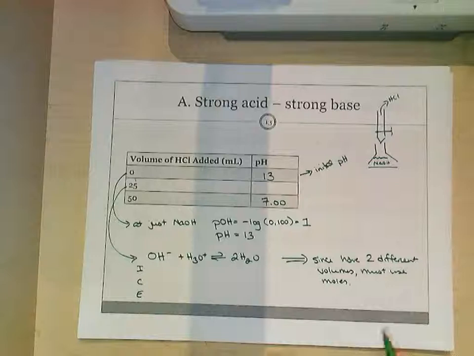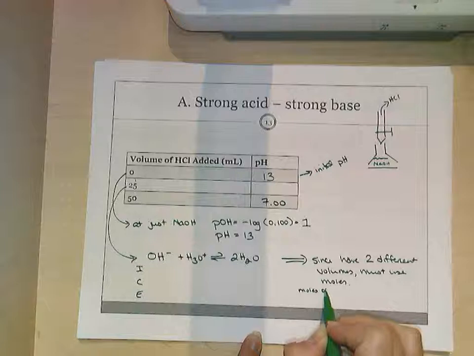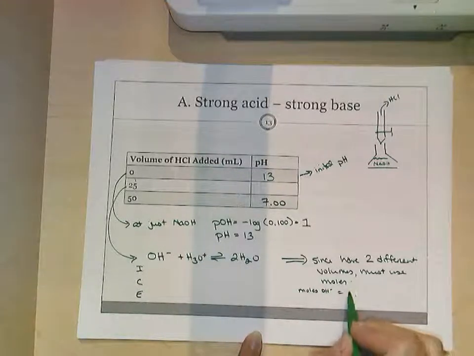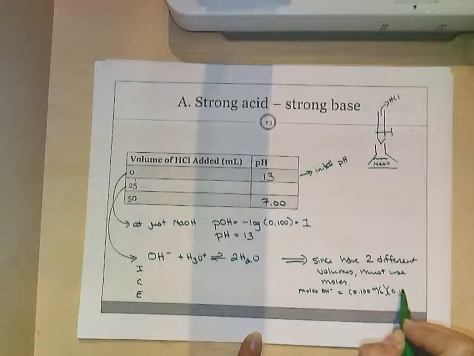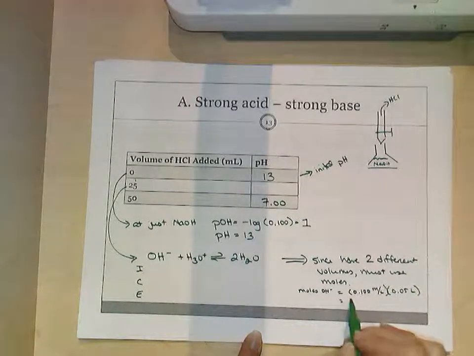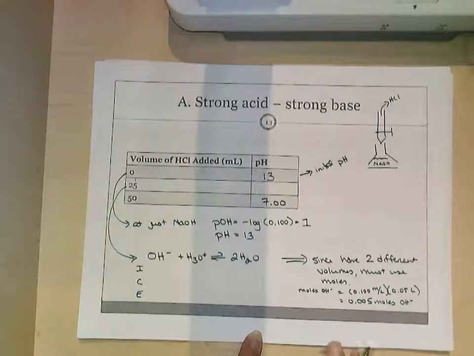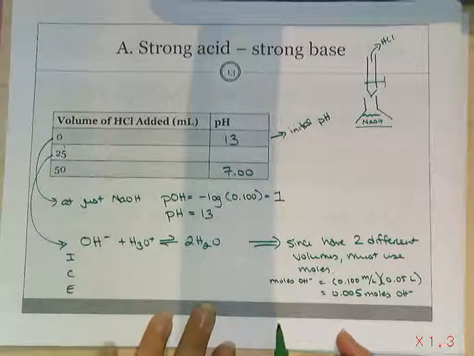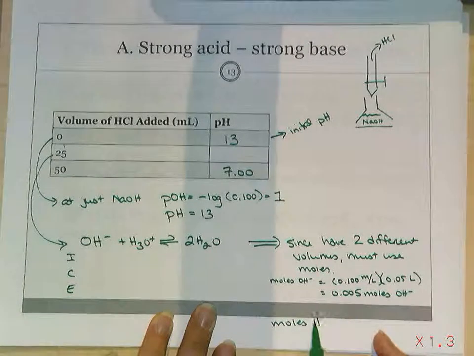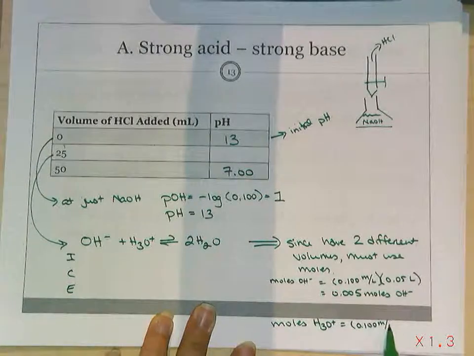So I want to figure out moles of OH minus, which we figured out on the previous page. So we had that before. So now I want to figure out moles of HCl. Would you expect these moles to be equal?